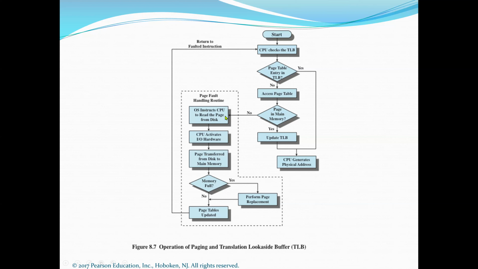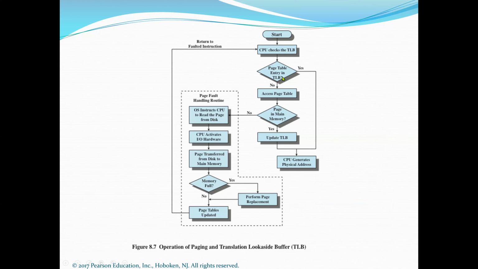Again, this flowchart tells us the whole concept of the special cache, the TLB. We start: the CPU checks the TLB. If the page table entry is in the TLB, yes, then we go straight on and the CPU generates the physical address. But if it's not, then we have to access the page table.